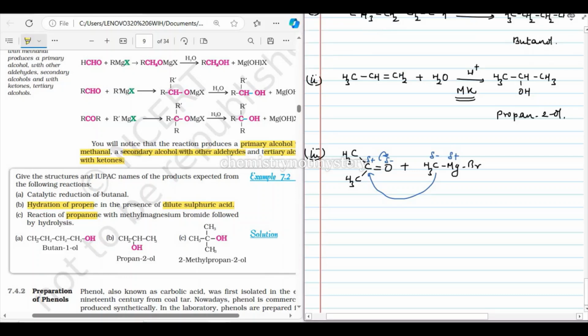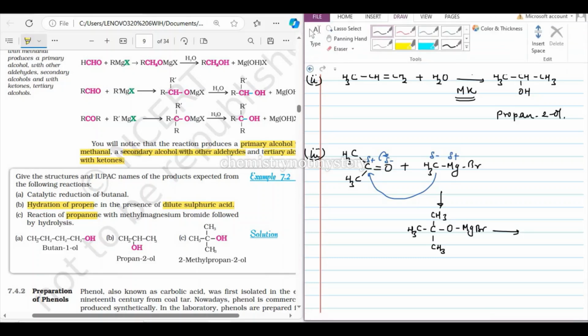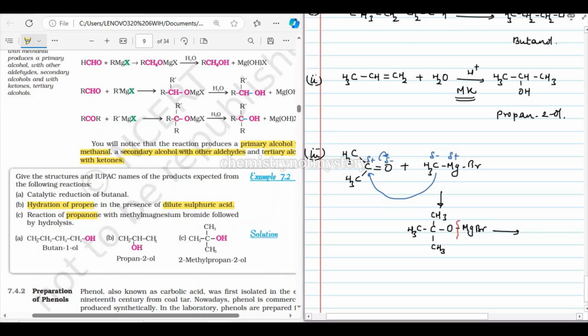Here you will get the adduct: the carbon which is already bonded to 2 CH3 will get attached to this alkyl group, which is methyl CH3. And here oxygen will make a bond with MgBr. After hydrolysis, this bond will break, OH will go towards magnesium and H plus will go towards oxygen.